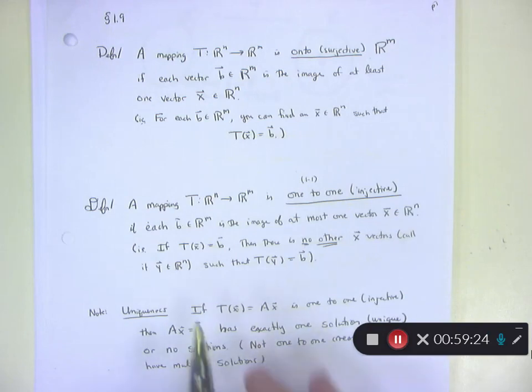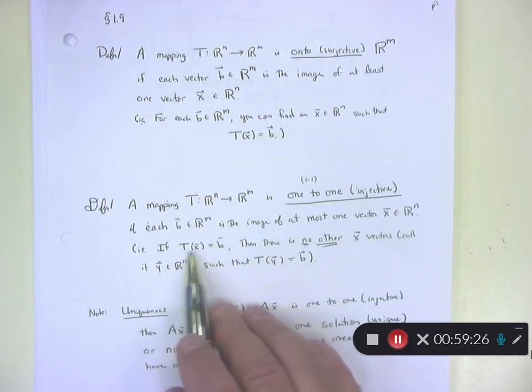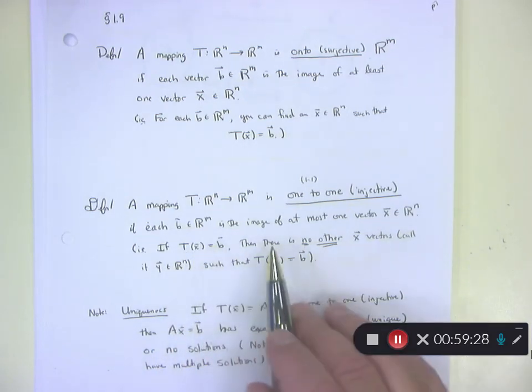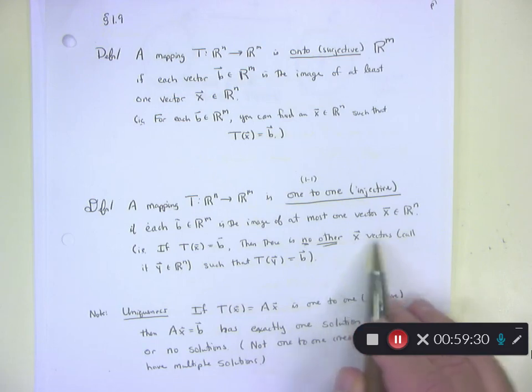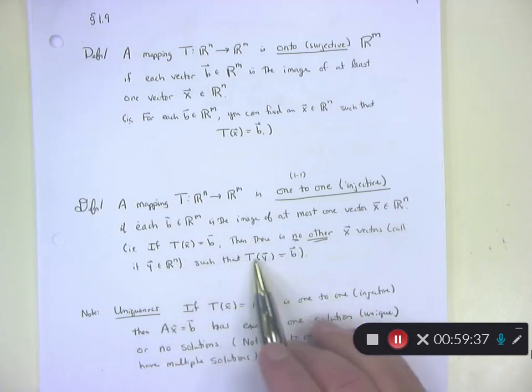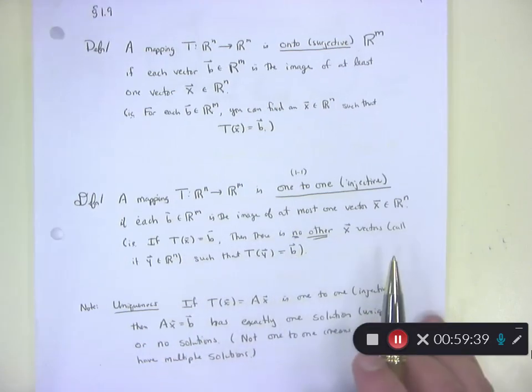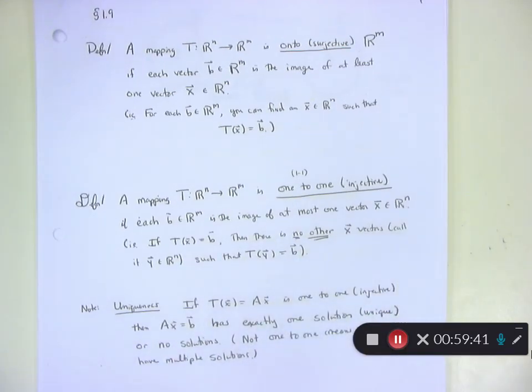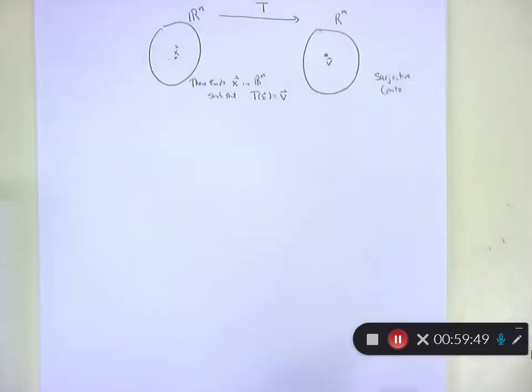I.e., if T of x is equal to b, there exists no other vector y in Rn such that T of y is equal to b. So one-to-one. Don't think too deep about how we come up with the fancy word injective, but one-to-one means this, okay?